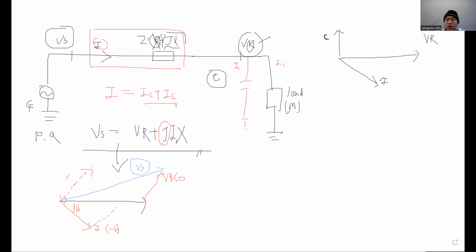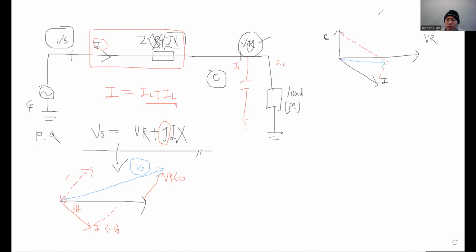So look at that. Our lagging is here, right? And then the capacitance here. If we add both of them, this is the I now here. First of all, I didn't explain to you guys.